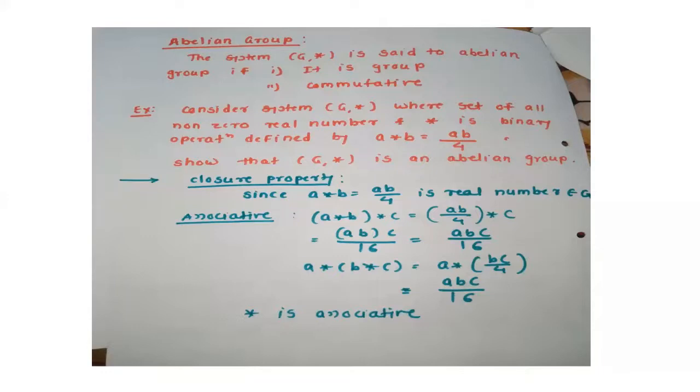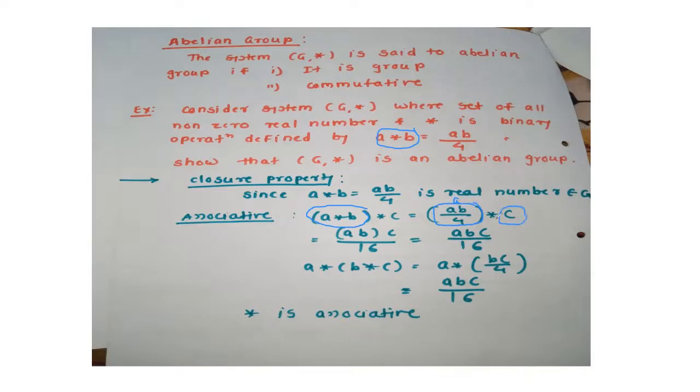So we write AB by 4 star C. Consider this whole bracket as one element, and C is the second element.